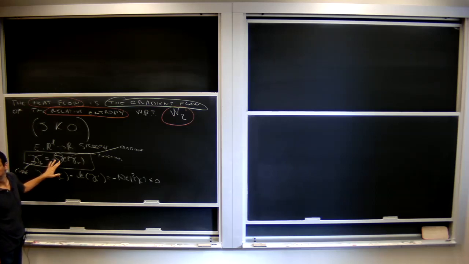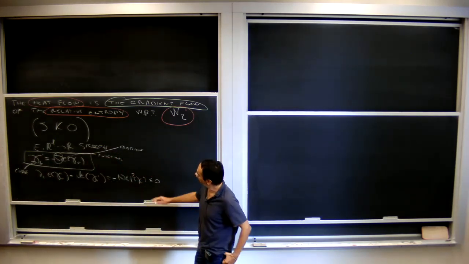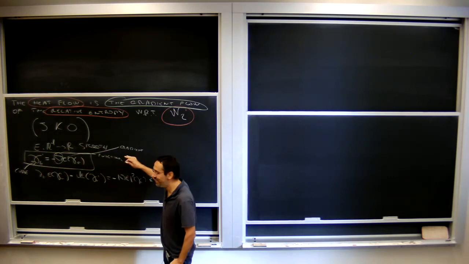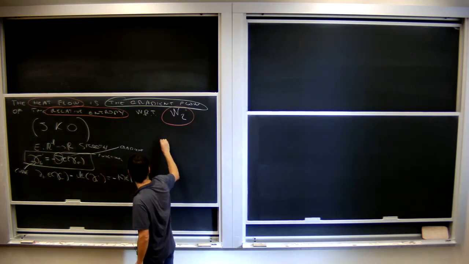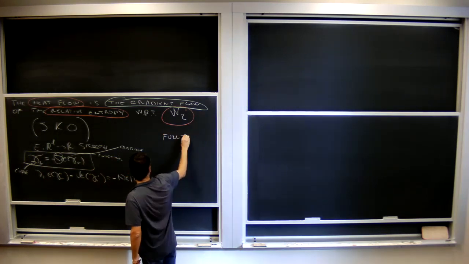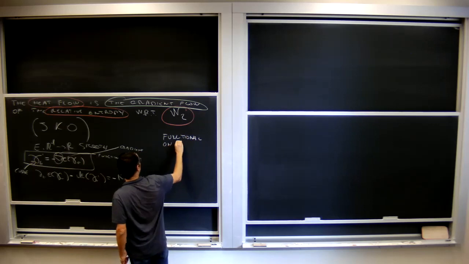So I'm telling this because maybe in 10 years or so, somebody will come with a more general notion. But the ingredients that we have to speak about gradient flows in a metric setting will just be a functional on a metric space.